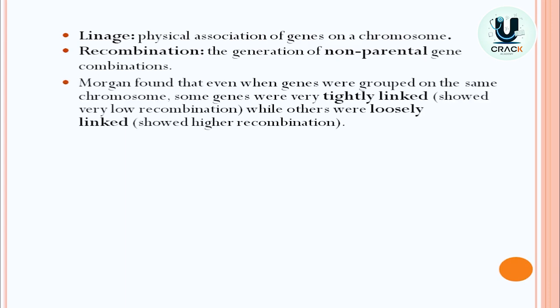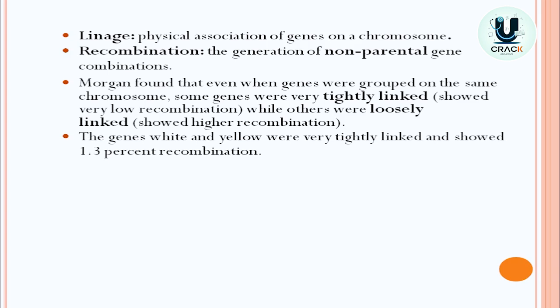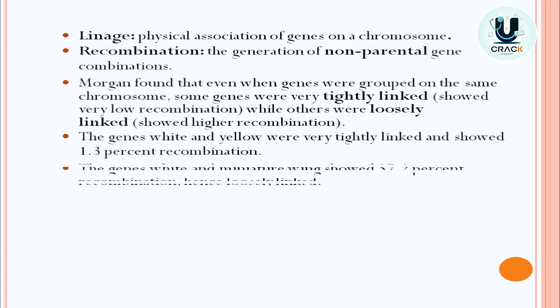Morgan found that even when genes were grouped on the same chromosome, some genes were very tightly linked, showing very low recombination. If they are loosely linked, they show higher recombination. The genes white and yellow were very tightly linked and showed 1.3% recombination.